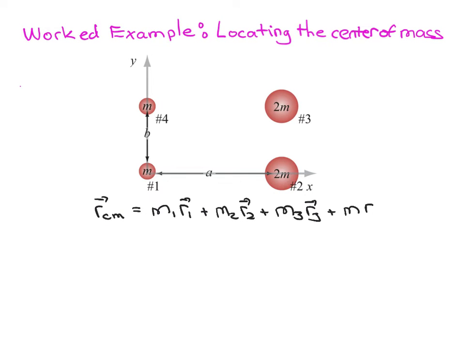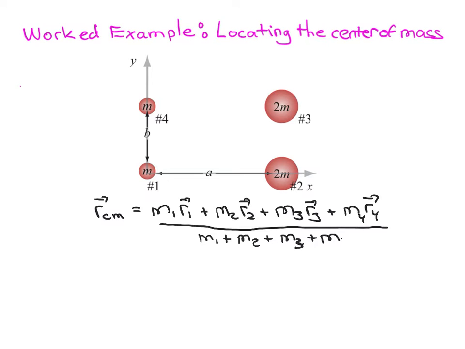Here we have 4 point masses, and the definition is this weighted sum of the positions of the 4 point masses divided by the sum of their masses.